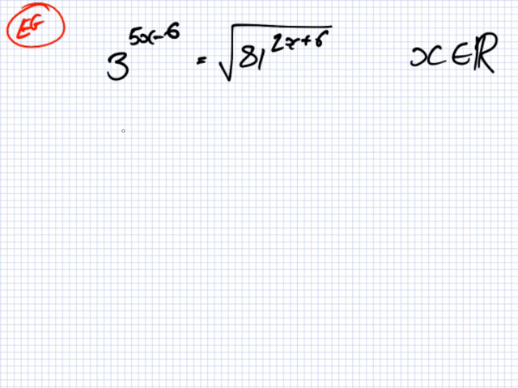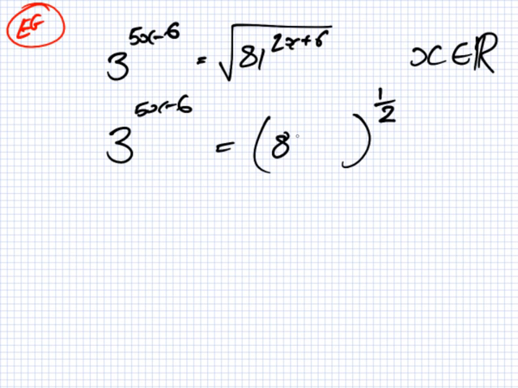So for me, the first thing I'm going to do is I'm going to change that square root into power. So square root is power a half. And what about the next thing? What do you think? Well, maybe the next thing I'll do actually is I'll multiply the half in here.